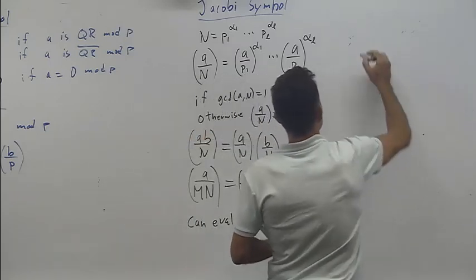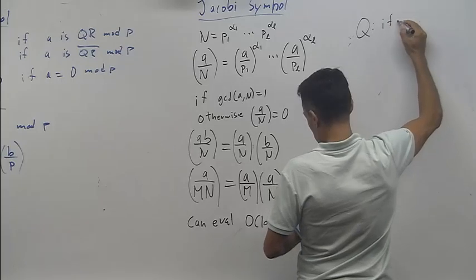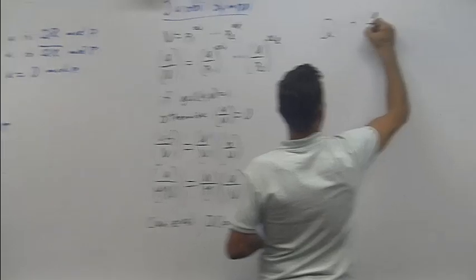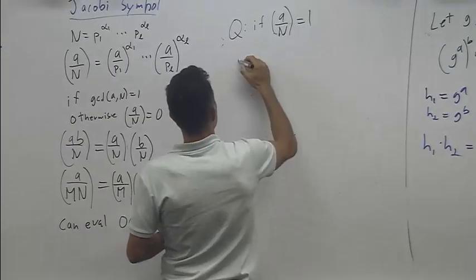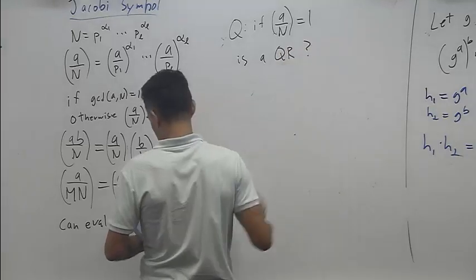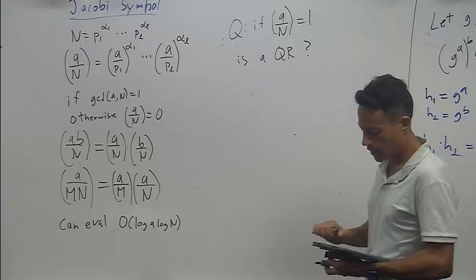So an important question: if the Jacobi symbol of a on n is 1, is a a quadratic residue? I have a great example where I go through that.